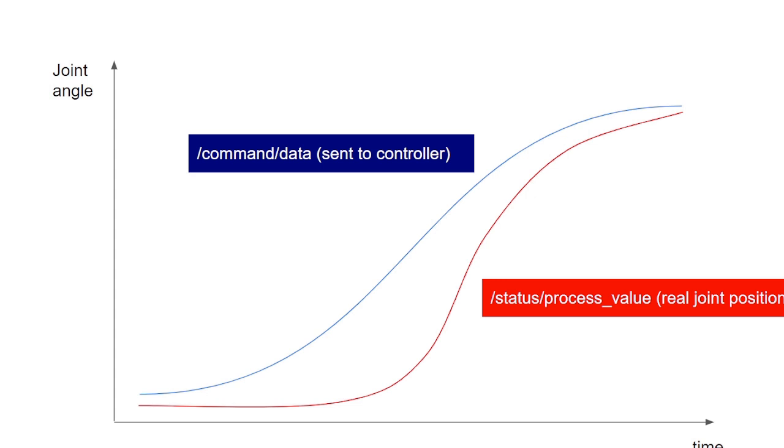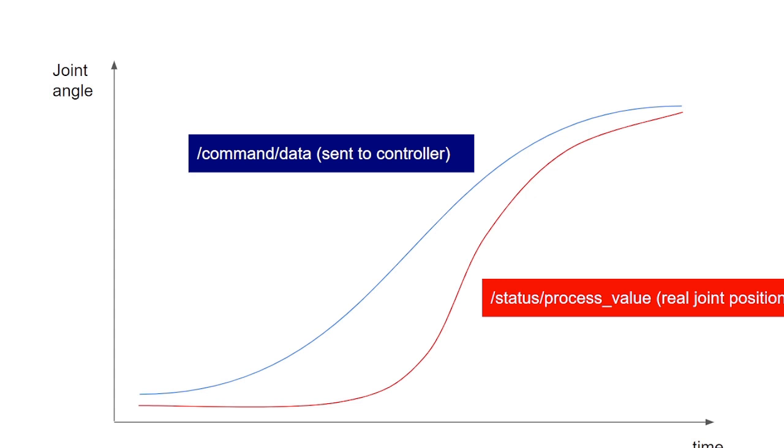The value that we ask the joint to be at, which is the command topic, and the second will be the real value that the robot is at that moment, in real life. So this value will be the process value that is monitored in another topic that we are going to see in a moment.